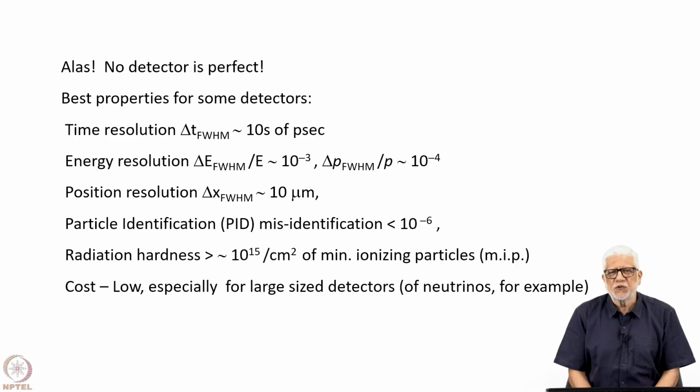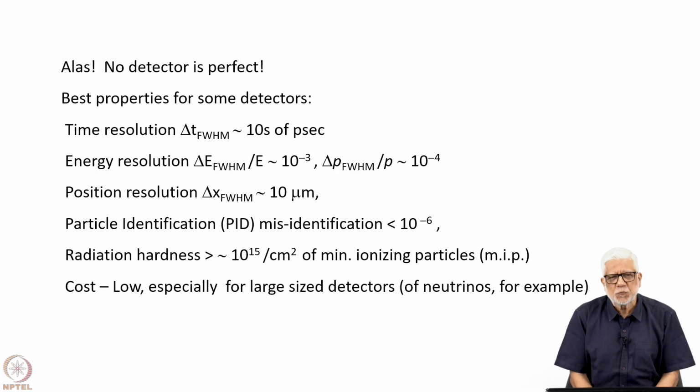The energy resolution is of the order of 1 in 1000. Delta E, full width at half maximum, by E, is of the order of 10 to the minus 3. The momentum resolution is of the order of 10 to the minus 4. This, of course, is done in detectors or spectrographs that combine magnetic fields with detectors at their back end.